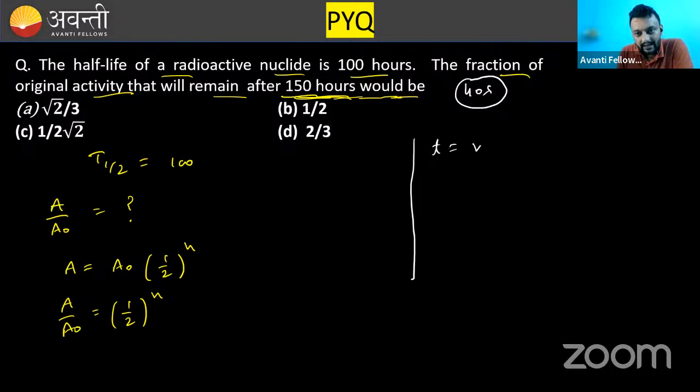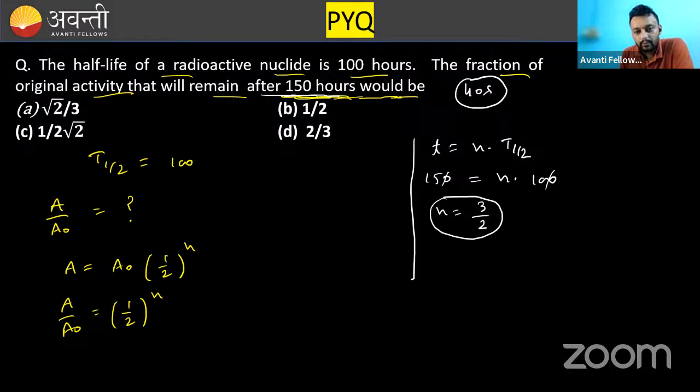Total time is equal to n into T half. You know that. Total time, they are saying after 150 hours, so 150 is equal to n into T half, which is 100 hours. So n is equal to 3 by 2. Place it here.